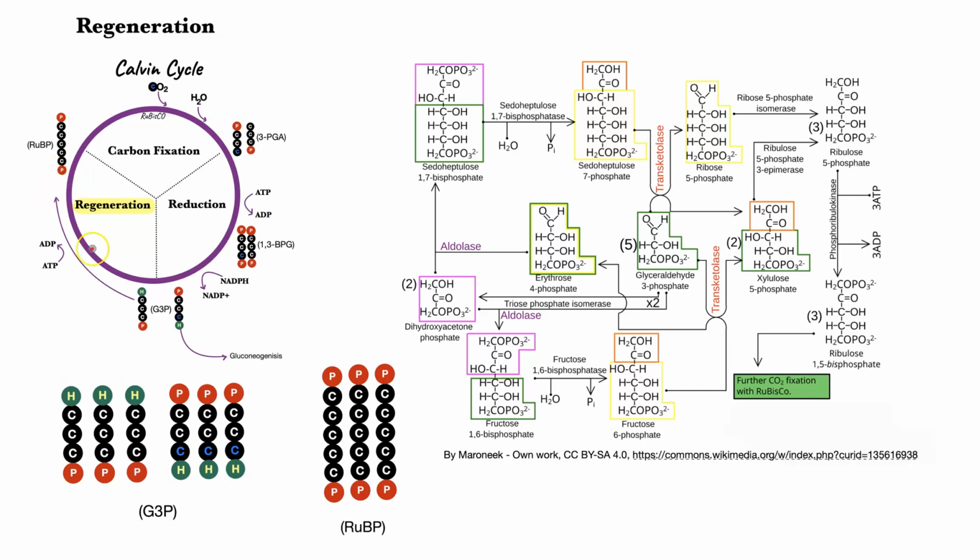As I mentioned, this G3P that was made, let's pretend that this one is going to go to make glucose. We had 2 other carbons here that we did not see add. That came from 2 other turns. This carbon and this carbon was added to the system by 2 other turns.